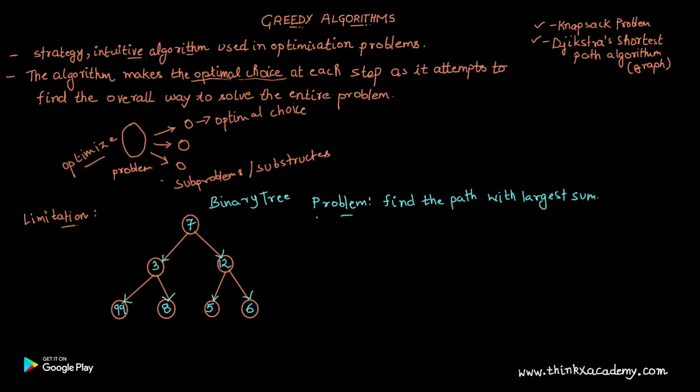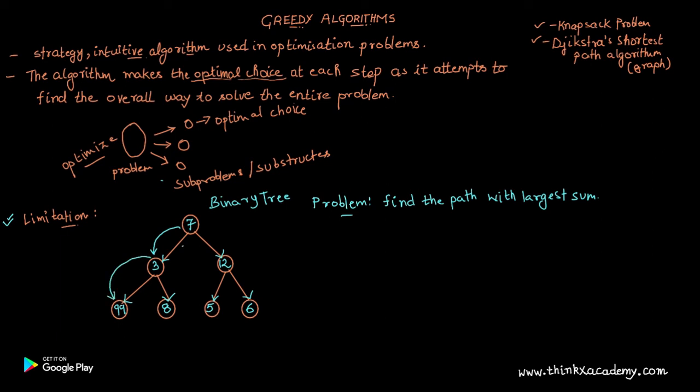So the problem says that in this binary tree, you will have to find a path that has the largest sum. What we are going to do is the summation of the values of these nodes for various paths, and we will find out which one has the largest sum. Since we are looking at the limitation of the greedy algorithm, in this case the greedy algorithm will not work. Let me tell you how. Let's suppose we are choosing a path that goes from 7 to 3 and then 99.